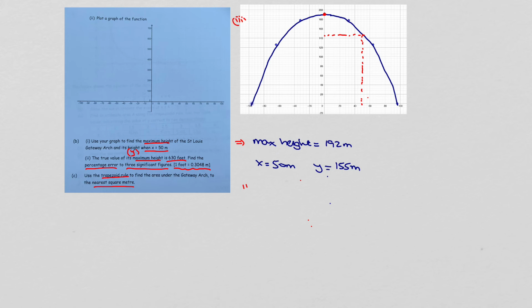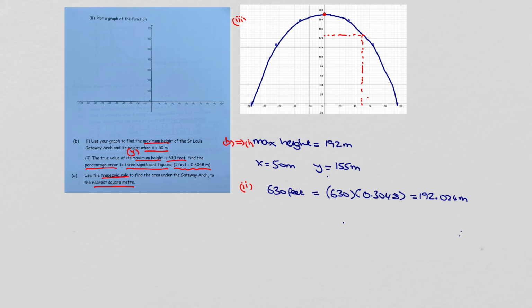So then we're asked for the true value. Our true value is 630 feet, and I convert that into meters. Well, 630 times 0.3048, I get 192.024 meters.